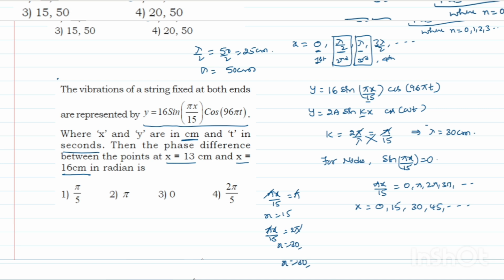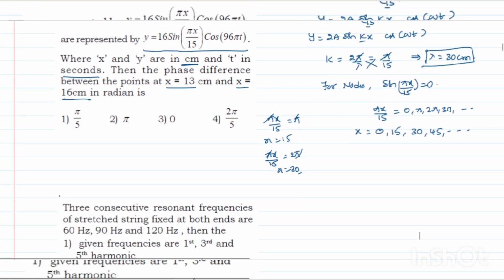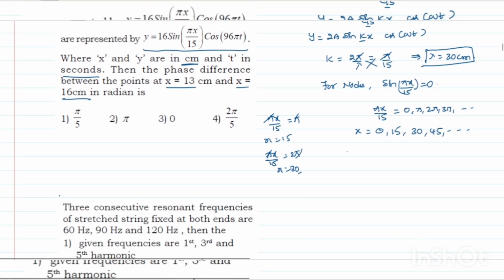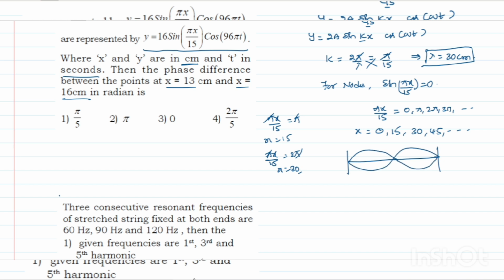But the wavelength we got is 30 centimeters, which means the segments will be produced like this.